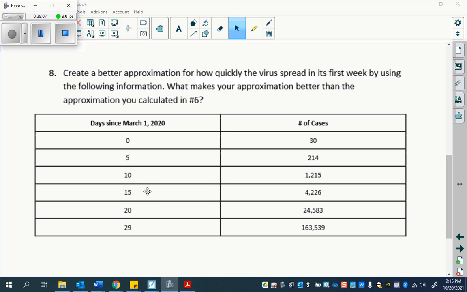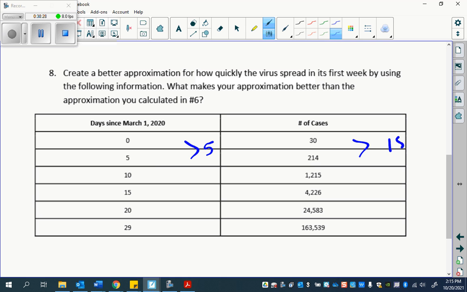The difference is 184, did I do my math right? Yes. So 184 divided by 5 is only 36 cases per day. How does that compare to your 5,600?